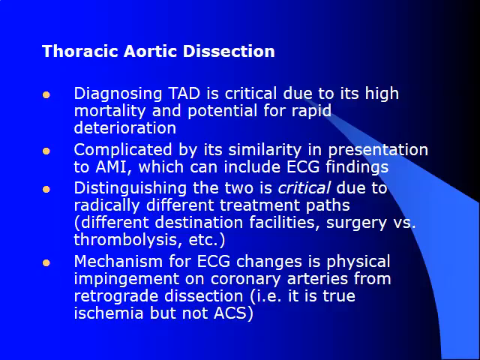So you have a dissection of this artery, and this is the largest artery in your body, and it actually dissects down into the aortic sinus, which is where our coronary arteries arise. You can have a retrograde dissection of all of your coronary arteries, just like the dissection is occurring in the aorta. So it's pretty easy to recognize that this is a highly critical situation.